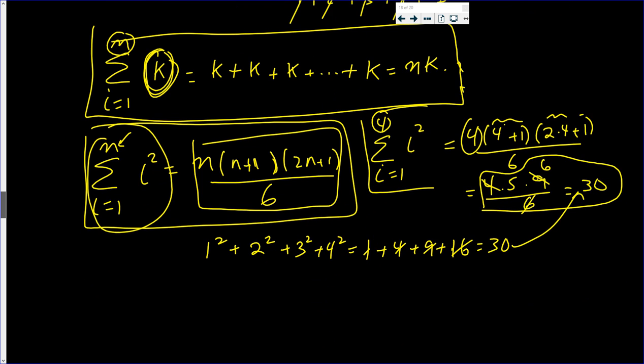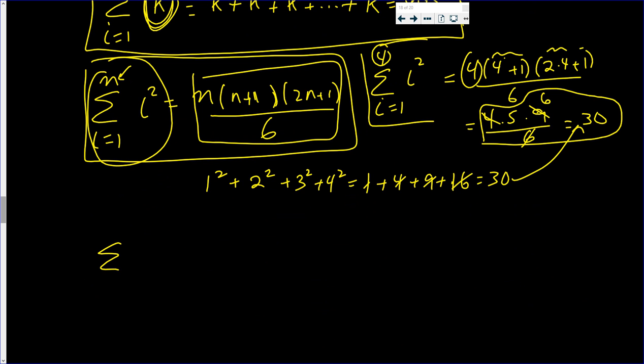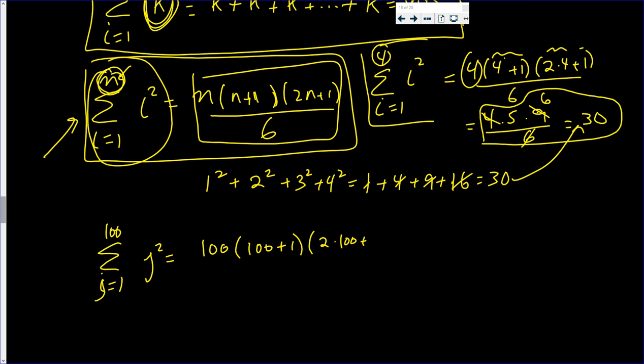So, what if you were asked to find the summation as, let's call it j, j goes from 1 to 100 of j squared? That just means n is 100 in this formula. So it's n times (n plus 1) times (2n plus 1) all over 6. It's 100 times 101 times 201 over 6.